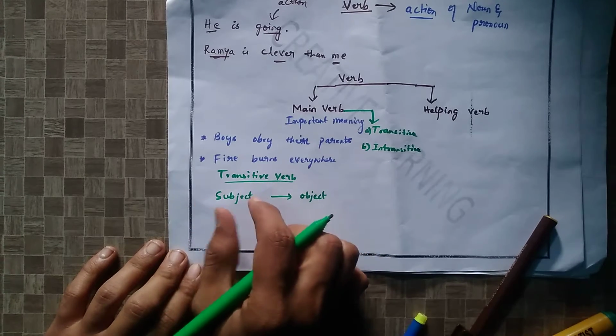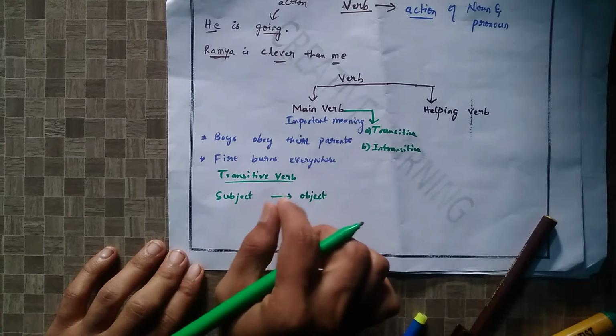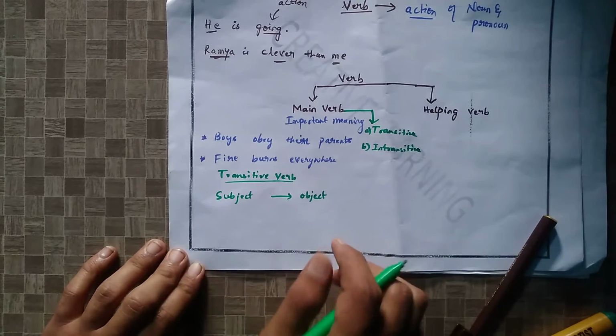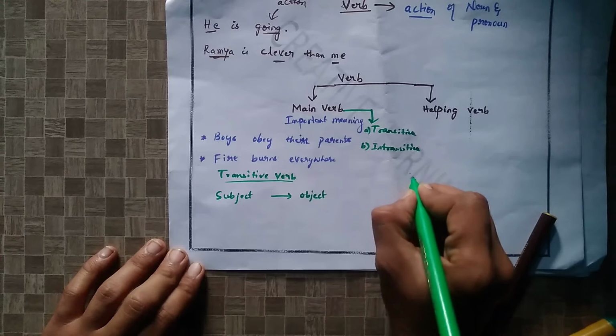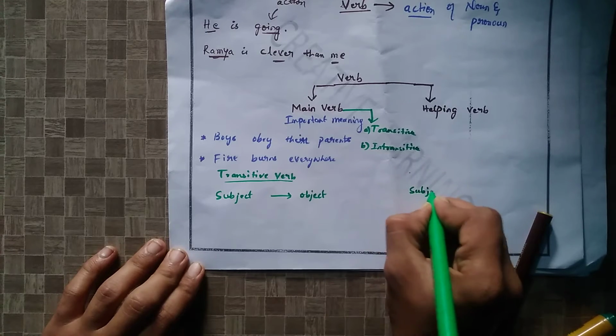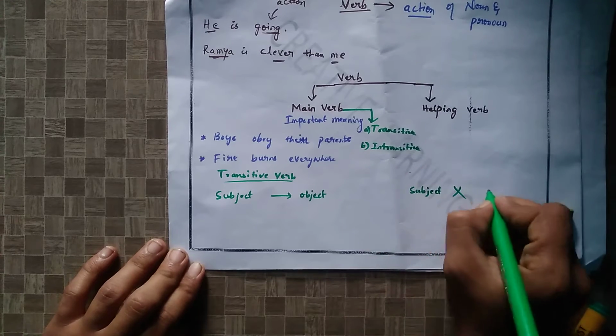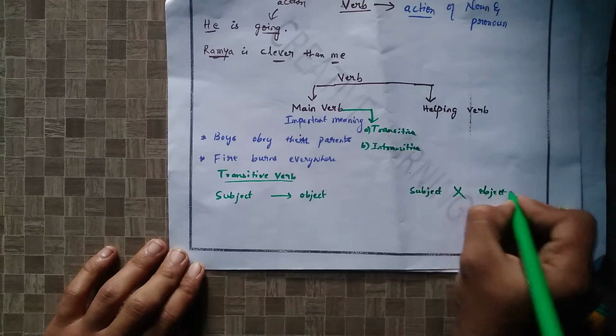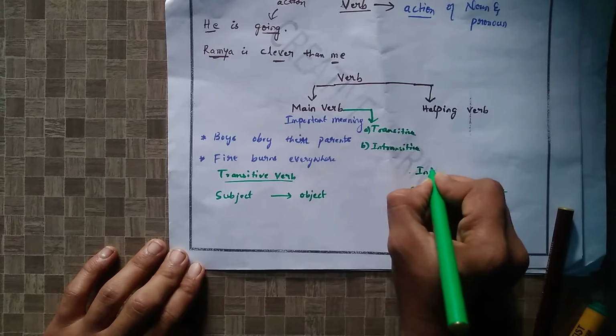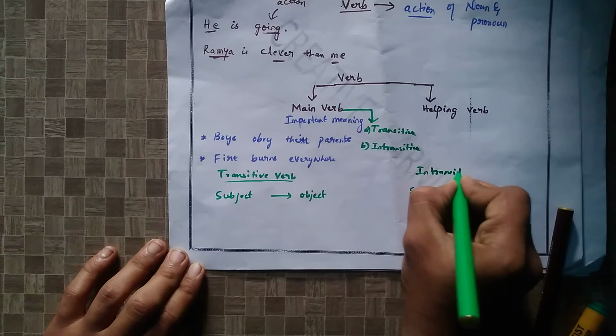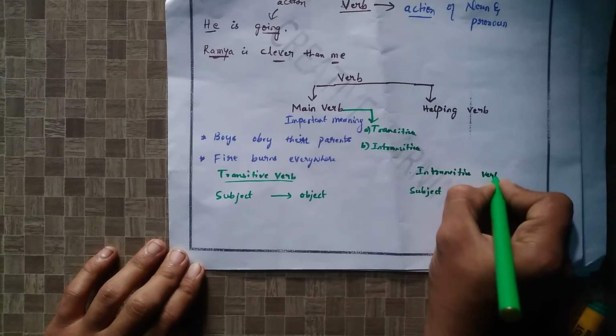Now the sentence is completed with subject and object, so such sentences are called transitive verb. If the subject does not complete with an object, then it is called intransitive verb.